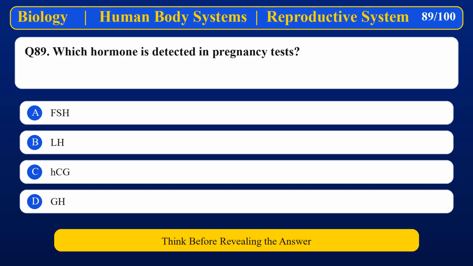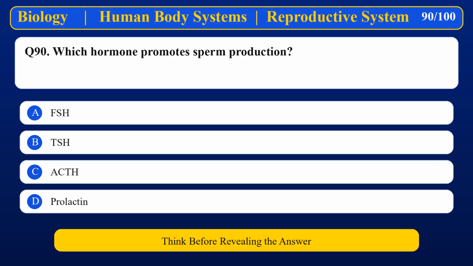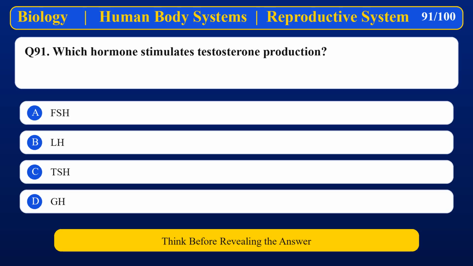Which hormone is detected in pregnancy tests? HCG. Which hormone promotes sperm production? FSH. Which hormone stimulates testosterone production? LH.